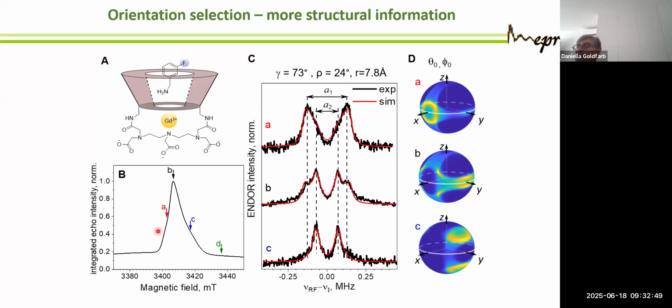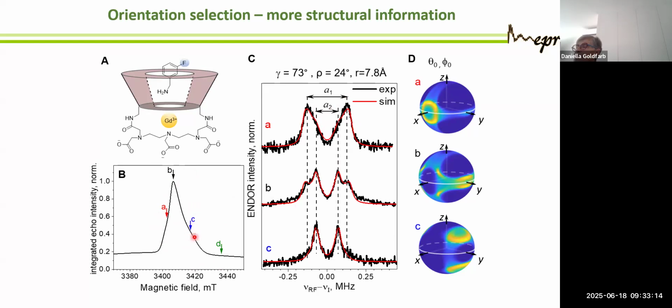Here, this is the central transition of the gadolinium, and you see it has shoulders here and here. So Manas decided, well, let's check what happens in these shoulders. When you measure in this position, you see this major splitting. When you measure here, you see this powder pattern.